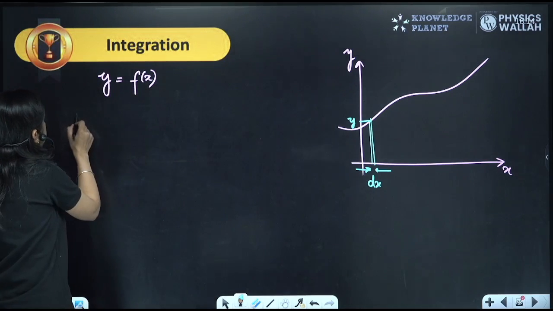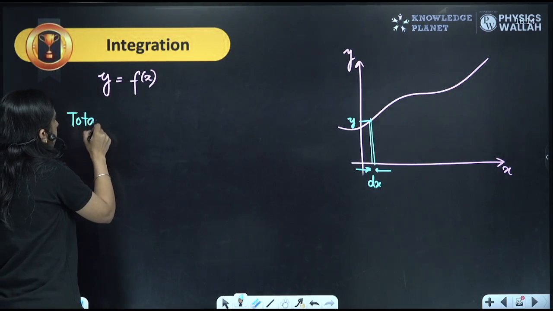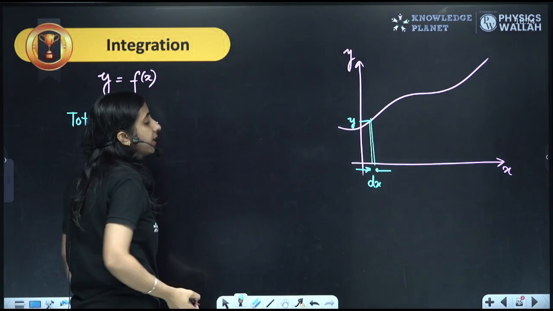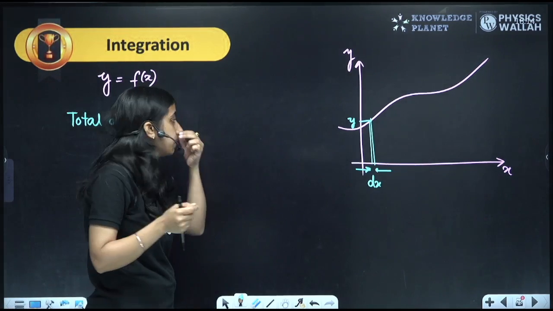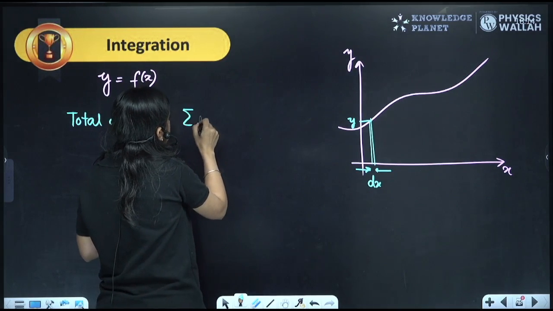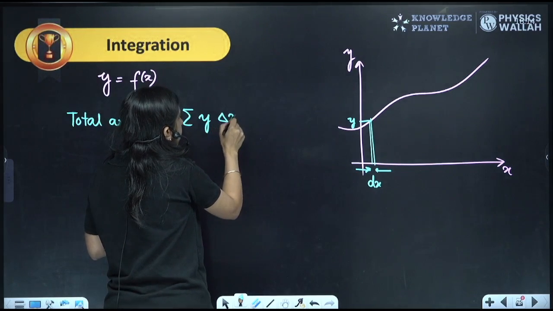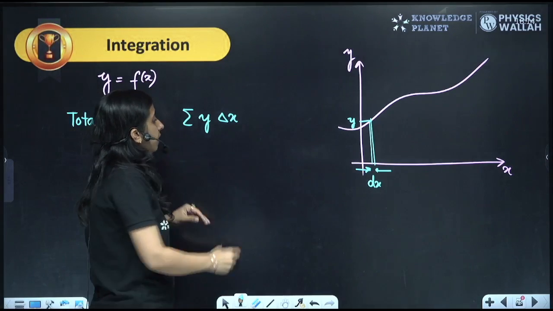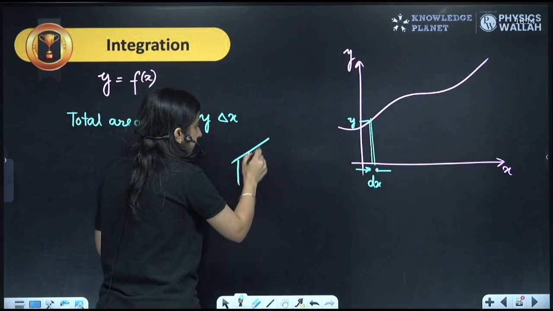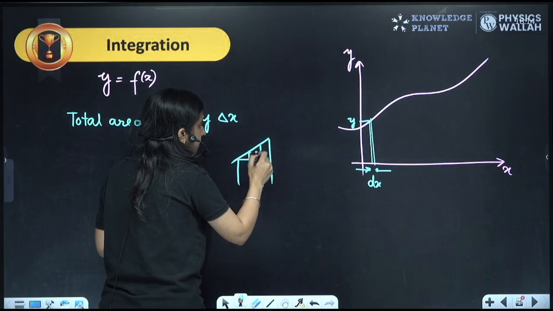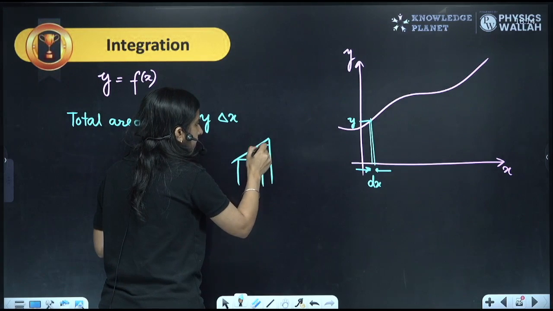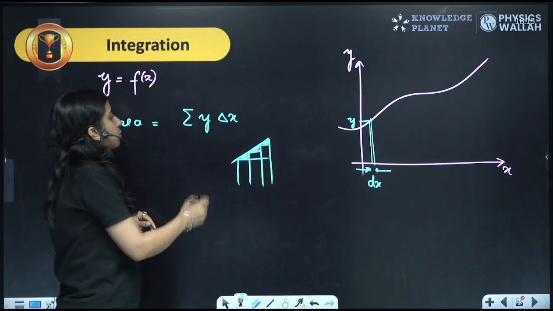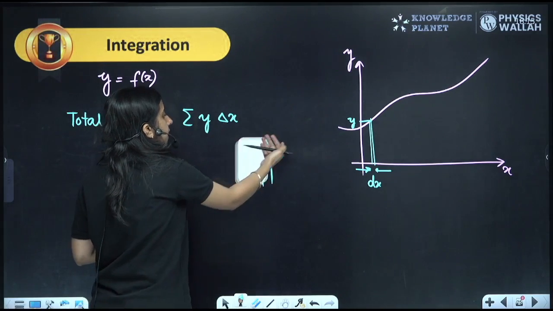Now the total area will be the sum of... If we take bigger strips of width delta x, we were missing this area, and the total area could be represented as the summation of y into delta x.